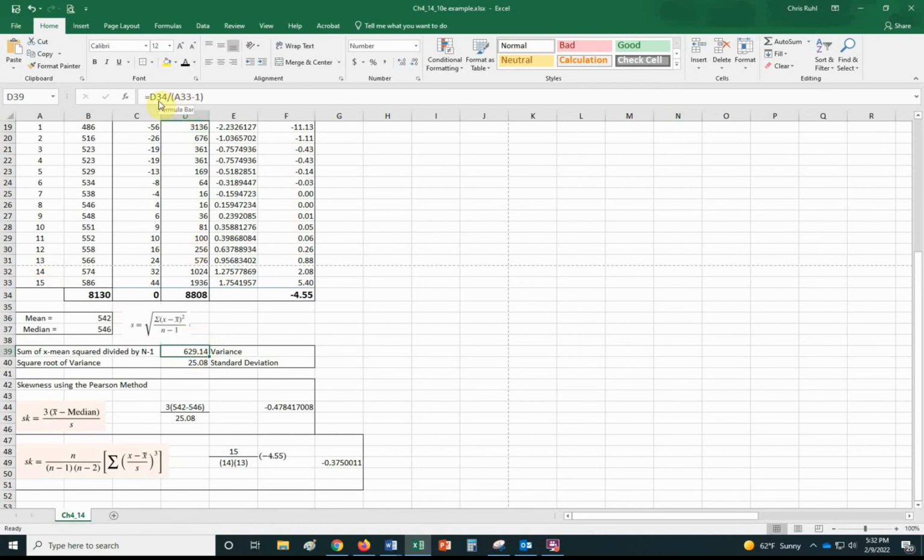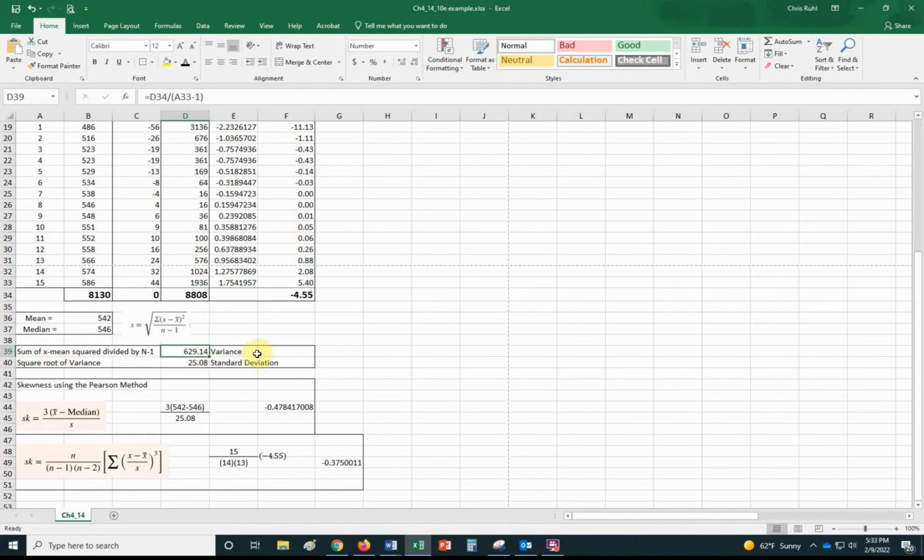I have D34, which is this 8808. I have A33, which is n, and I take one off, which gives me 14. And that answer is 629.14. That is the variance. And as you know, the standard deviation is the square root of the variance. So sum of the x minus the mean squared divided by n minus 1 is 629.14.